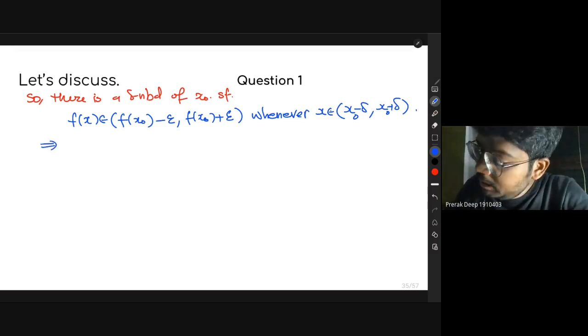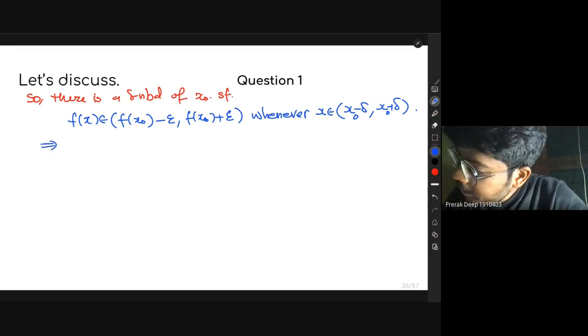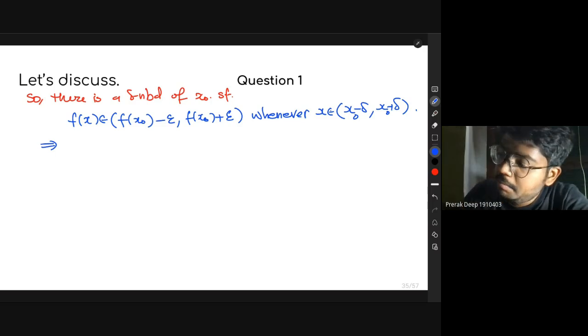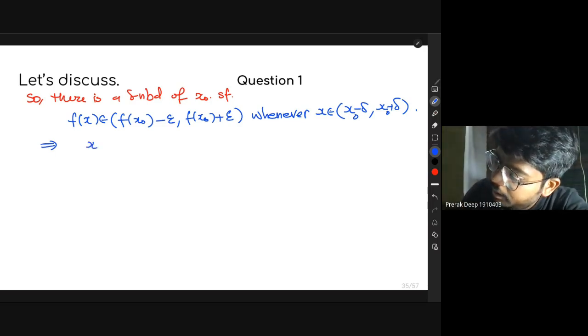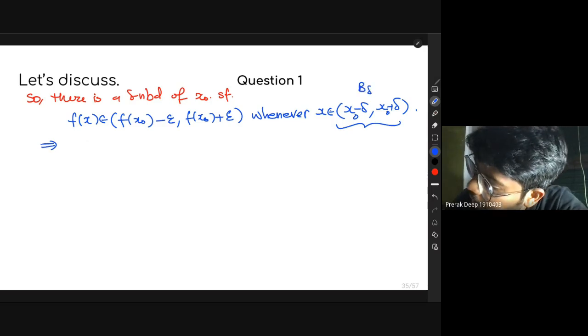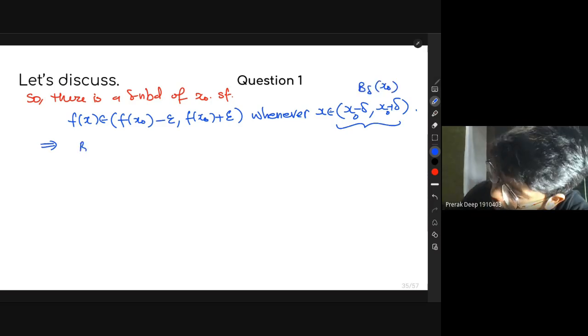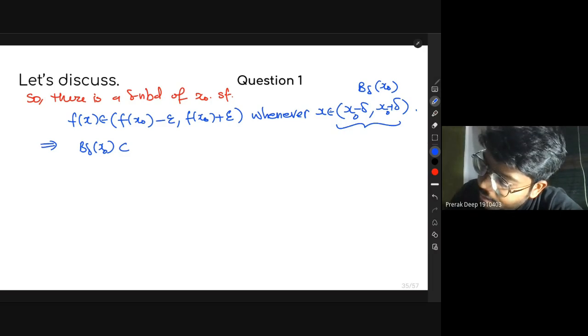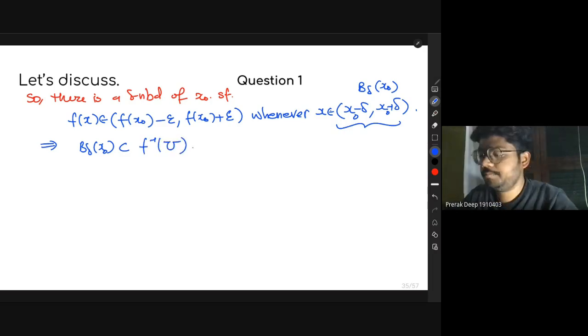This implies that for each x sitting inside this delta neighborhood of x naught, its image is sitting inside the epsilon neighborhood of f(x naught), which implies that this whole delta neighborhood of x naught is contained inside f inverse of u.